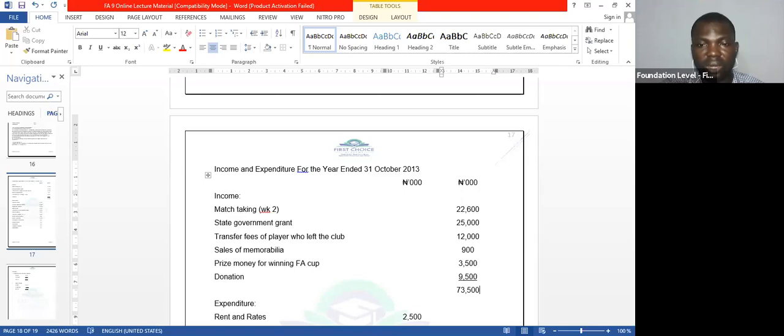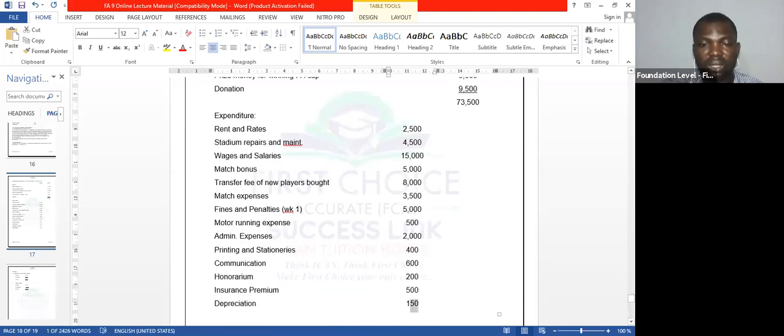Now that we are done with that, the next thing for us is to calculate our expenditure. So let's add up together. We have 25 plus 45 plus 15,000 plus 5,000 plus 8,000 plus 35 plus 5,000 plus 500 plus 2,000 plus 400 plus 600 plus 200 plus 500 plus 150.